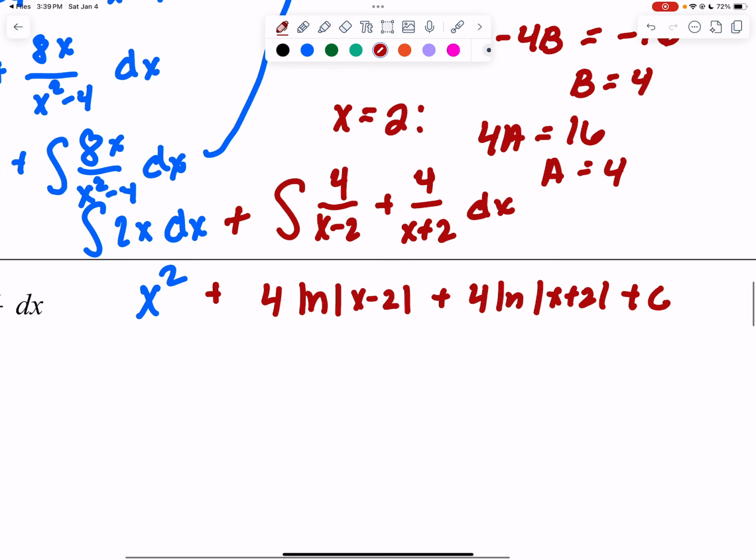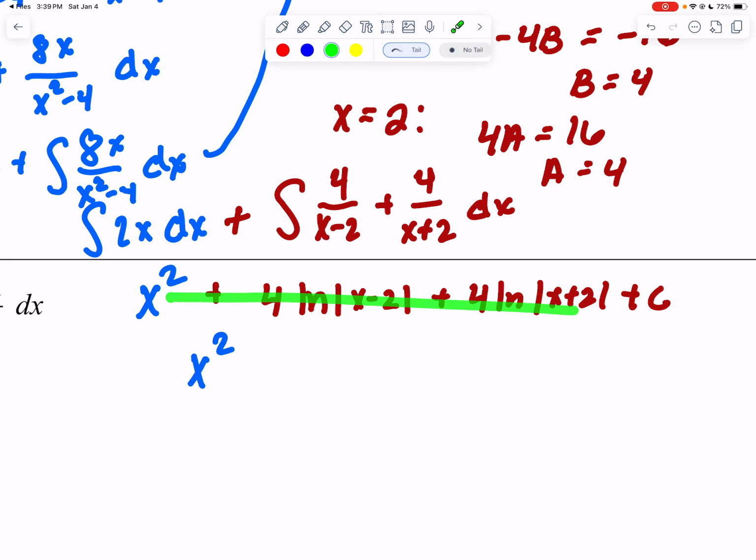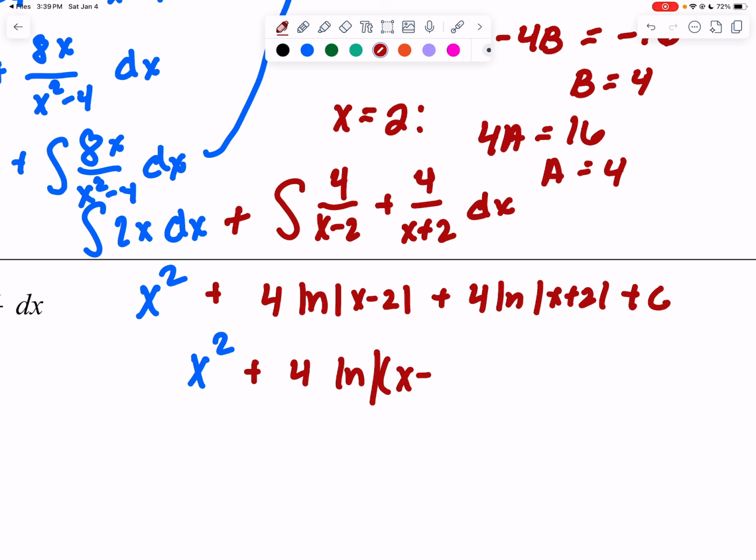If this was an MCQ, they like simplifying, so you will probably not see this, but you'll probably see something like this here, where we multiply the x minus 2 and the x plus 2.